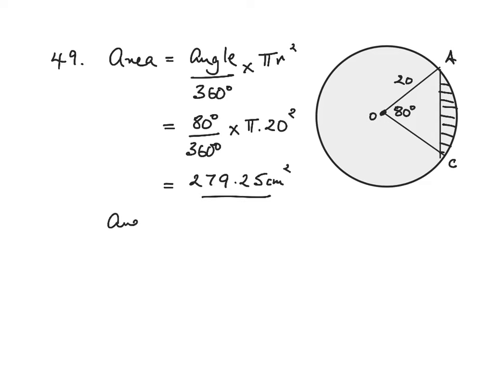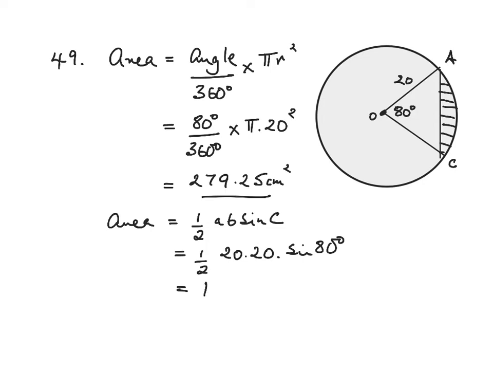And the area of the triangle is 1/2 AB sine C. 1/2 times 20 times 20 times the sine of 80 degrees, which is 196.96.